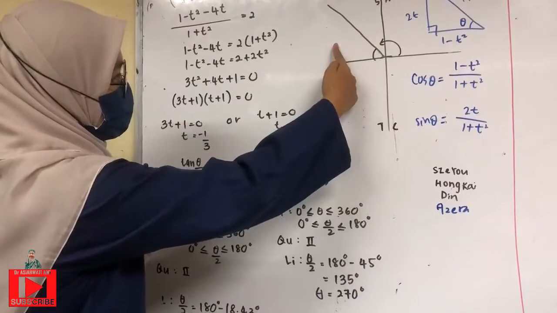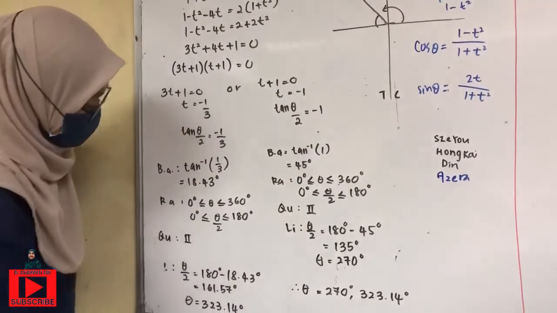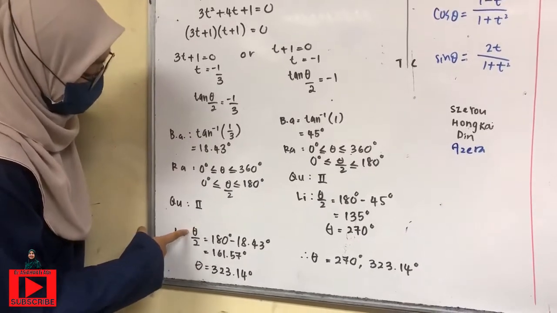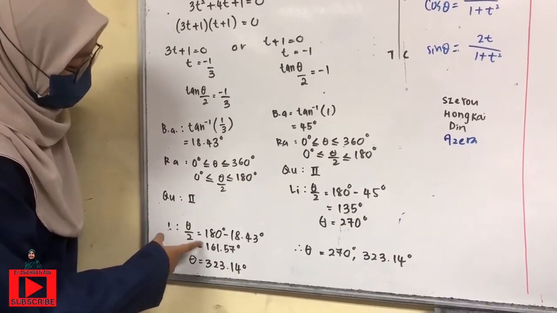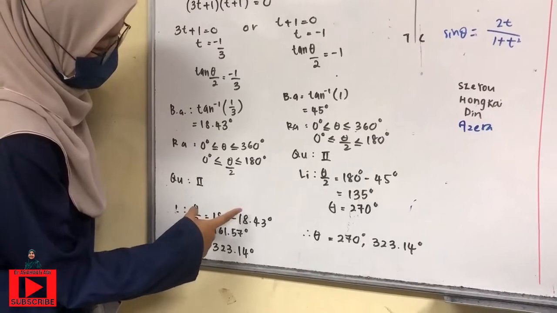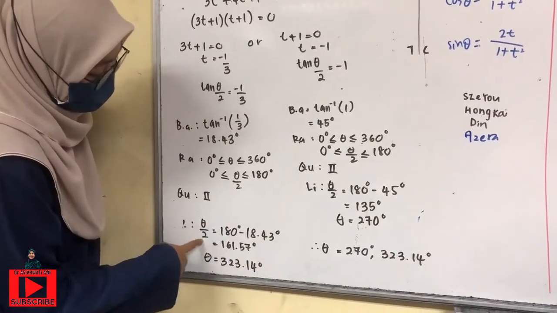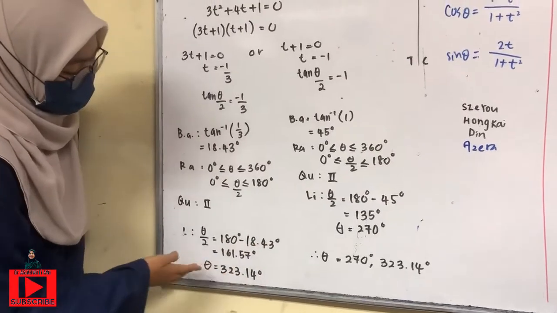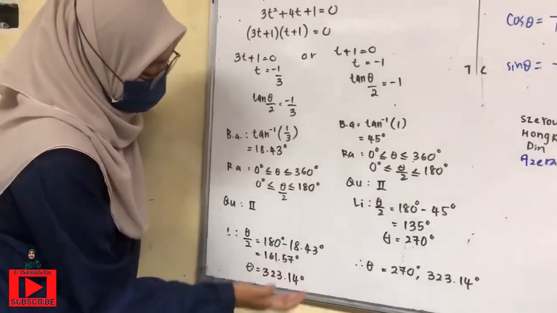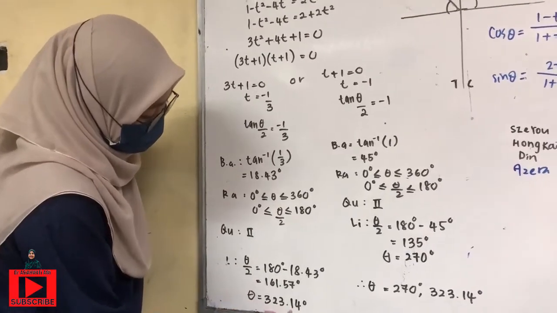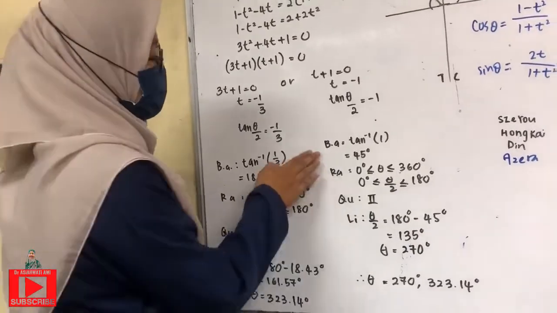So dia dekat second quadrant and then for this tangent over 2 equal to 1 over 3, 180 degree minus dengan 18.43. So kita akan dapat 161.57. So 161.57 ni kita darabkan dengan 2. So theta kita akan dapat 323.14 sama dengan yang ni.